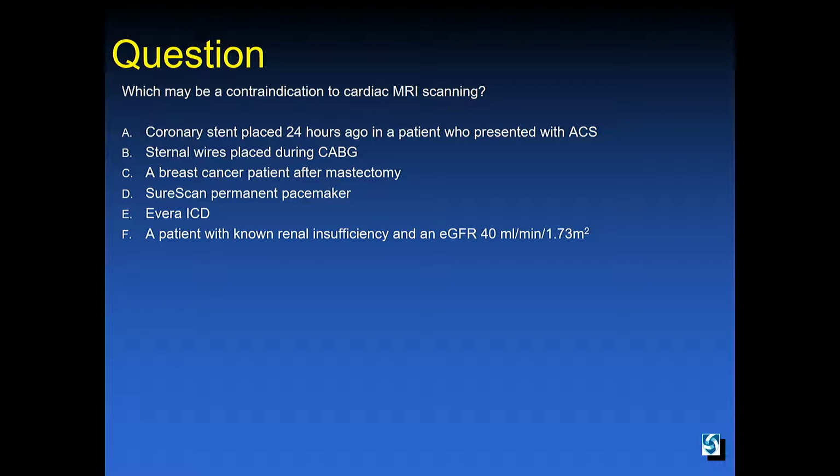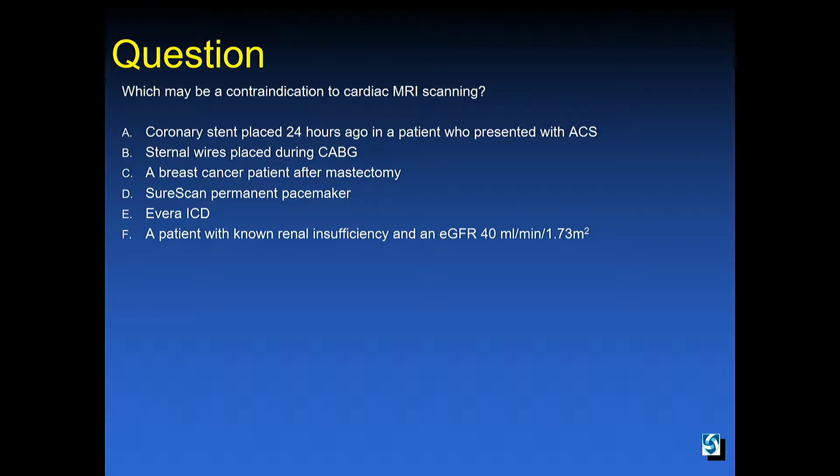Coronary stenting, a stent placed within 24 hours in a patient who presented with ACS, or presence of sternal wires placed from a bypass surgery, breast cancer patients after a mastectomy, a patient with a SureScan permanent pacemaker, a patient with an Evra ICD device implanted, or a patient with known renal insufficiencies and eGFR of 40.